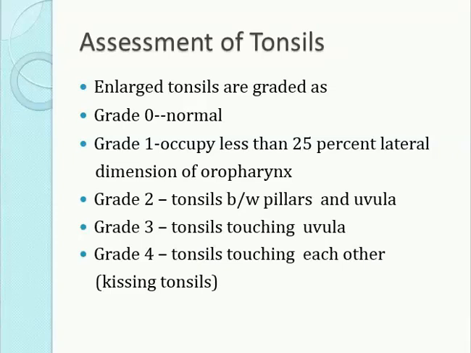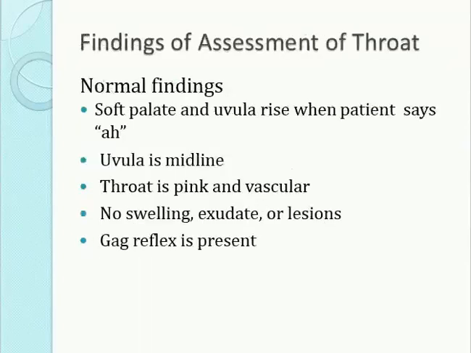Grade 0 involves normal tonsils. Grade 1 occupies less than 25% of lateral dimensions of oropharynx. Grade 2 involves tonsils between pillars and uvula. In grade 3 tonsils are touching uvula, and in grade 4 tonsils are touching each other, and these are known as kissing tonsils.